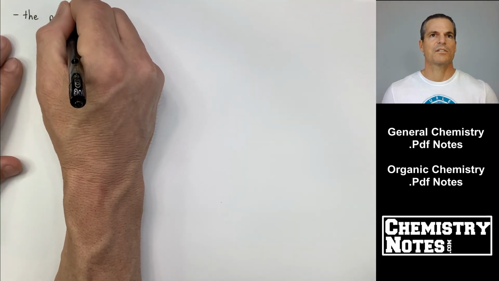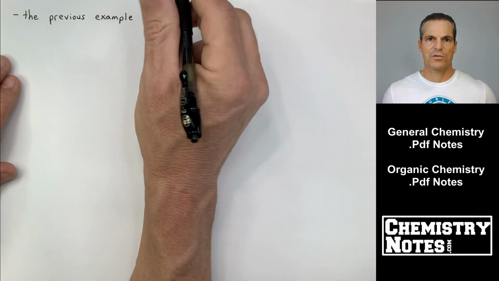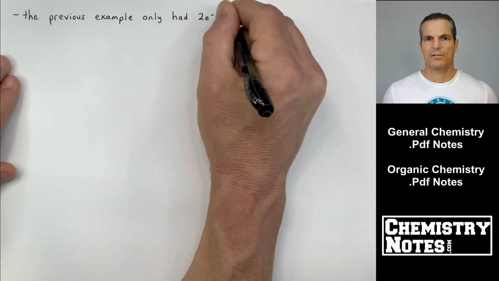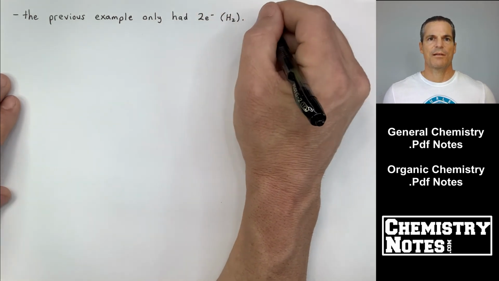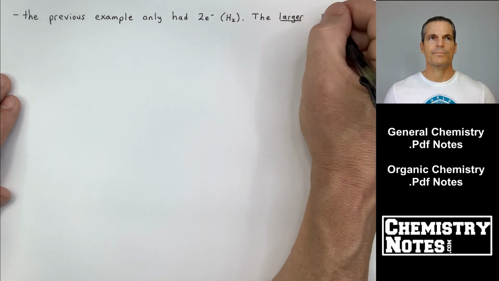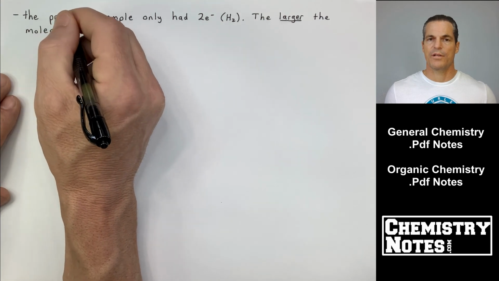Okay, and it works like that for anybody who has electrons. So the more electrons you have, right? H2 only had 2 electrons. But if I have something that is enormous or large, there's going to be more electrons in that molecule or in that atom.